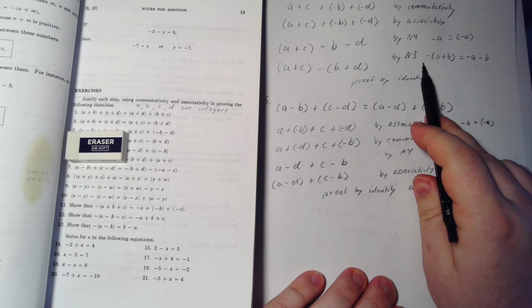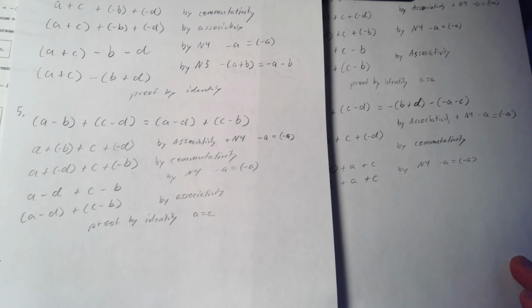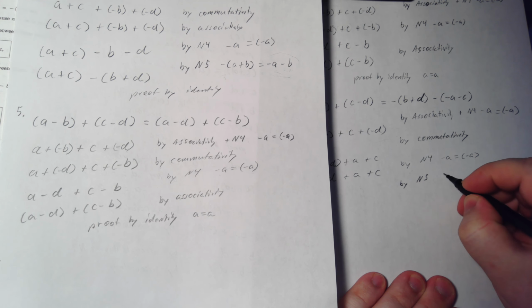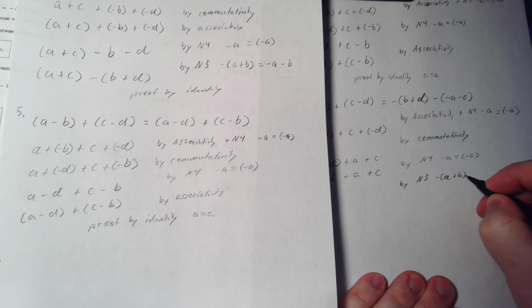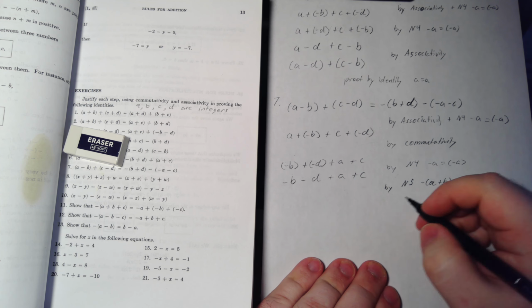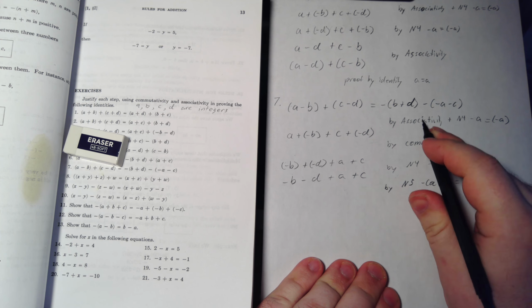N4, N5 right here. Minus (a plus b) equals minus a minus b. So let's do that. At least by N5, where we have minus (a plus b) is equal to minus a minus b. Alright, so what side looks like what side? Okay, so this looks familiar.